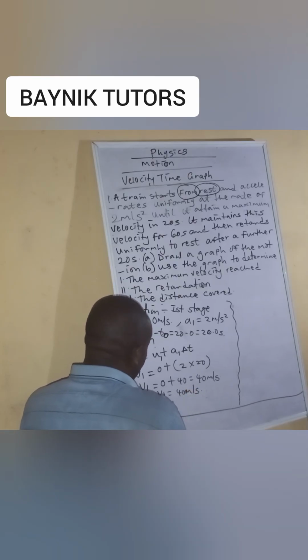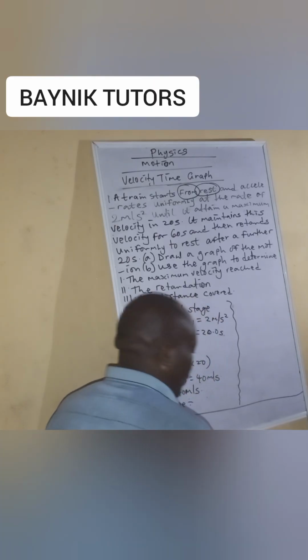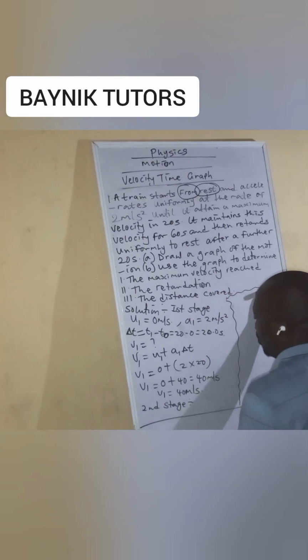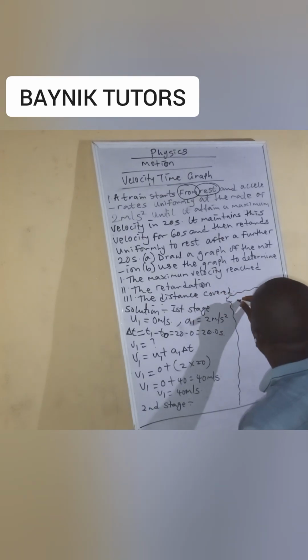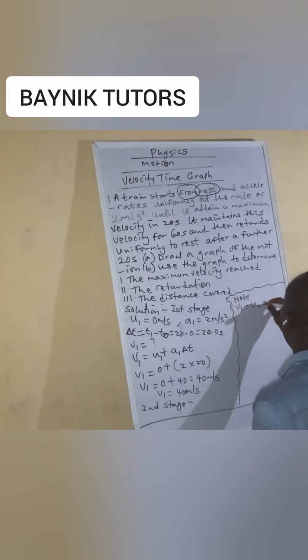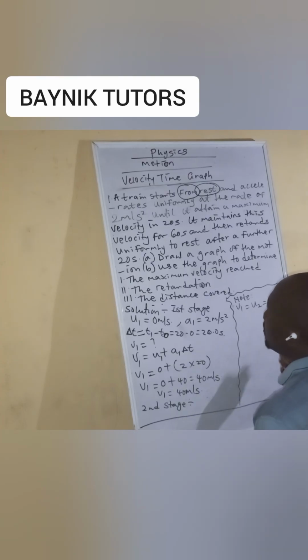So let's move to the second stage. For the second stage of our motion, you note this, our v1 is also the initial velocity of that second stage, because the vehicle will not start afresh.